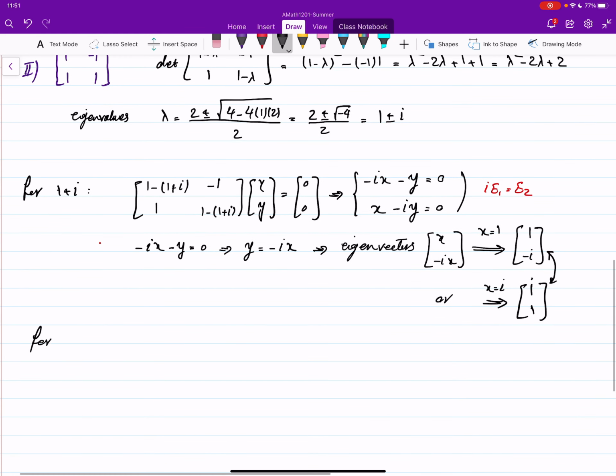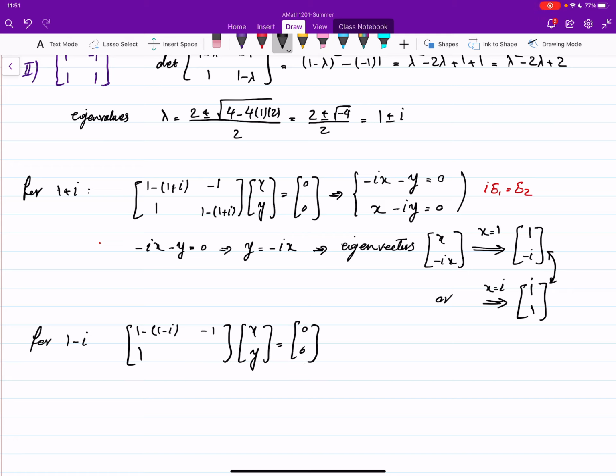For eigenvectors, for 1 minus i, on the other hand, you get the matrix 1 minus i minus 1... x y equals 0, 0. 1 minus i. So from there, you get i x minus y equals 0. From here, you get x plus i y is equal to 0. These are the same things, just one is a multiple of the other one.